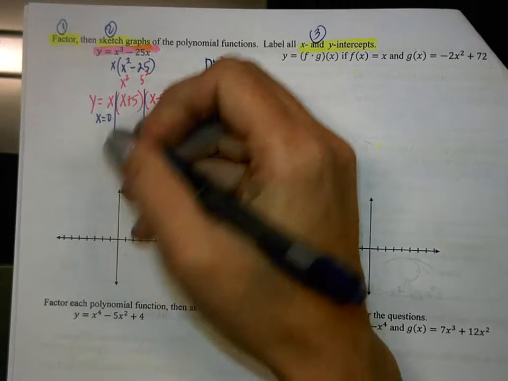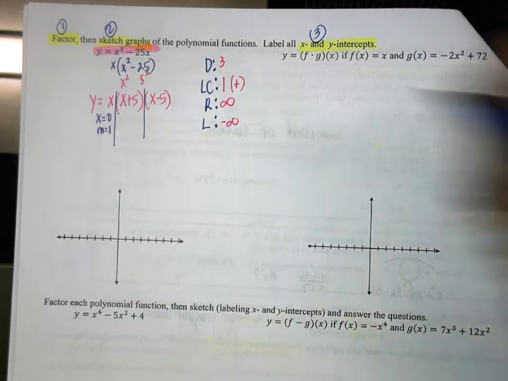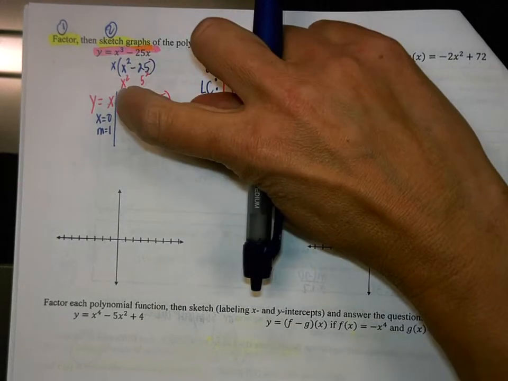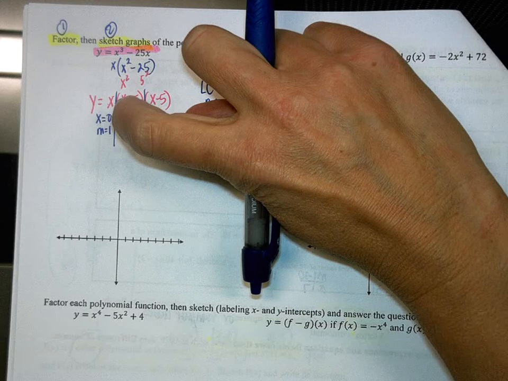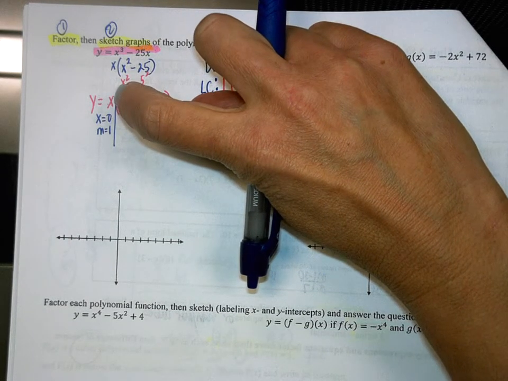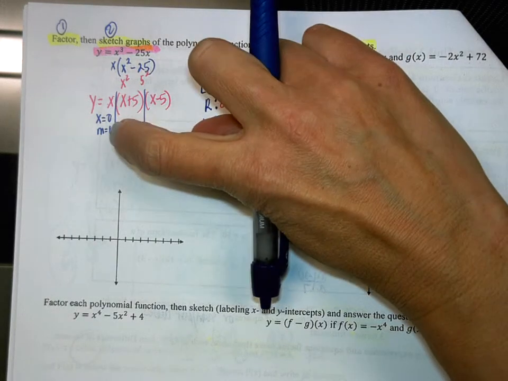This right here has a multiplicity of 1. Do you guys know why or how I know that has a multiplicity of 1? This exponent here is only a 1. If this had been x squared here that we'd factored out in front, it would have a multiplicity of 2. But because this has an exponent of 1, it has a multiplicity of 1.